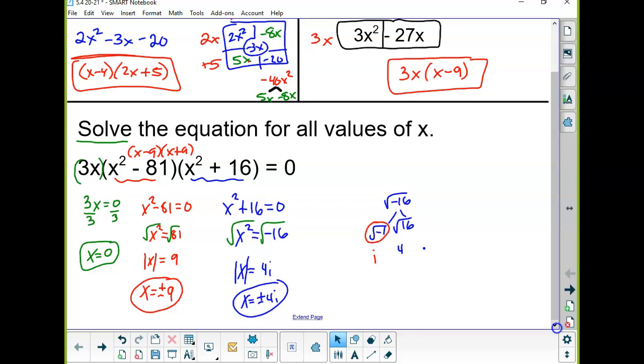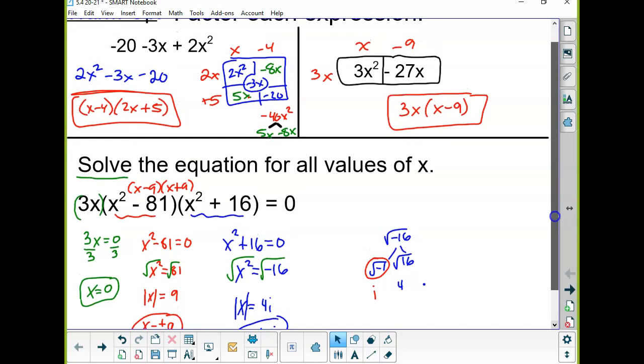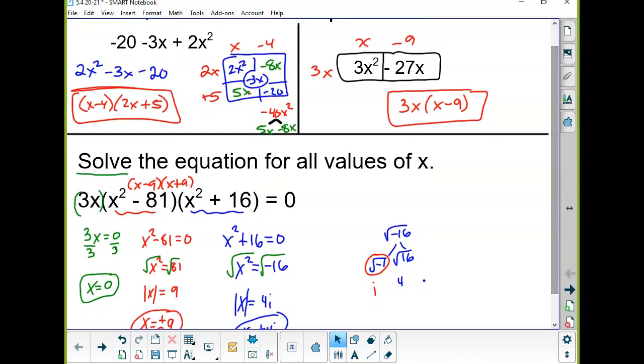Now, how does this all tie into what we're doing today? Well, we're studying polynomials. Technically, this is a polynomial. This is a polynomial. This has 3 terms, so it's a trinomial with a degree 2, which is a quadratic. This is a quadratic as well, because it's a degree 2, but it has 2 terms, so it's a binomial.